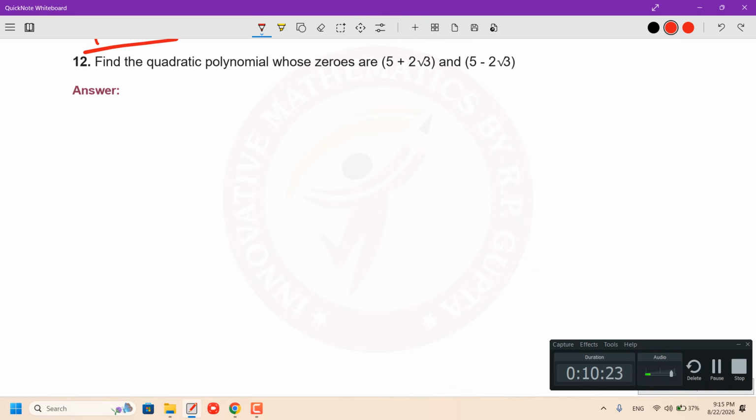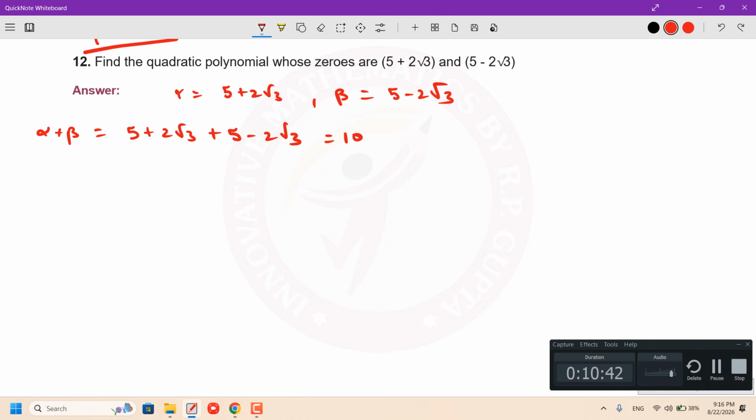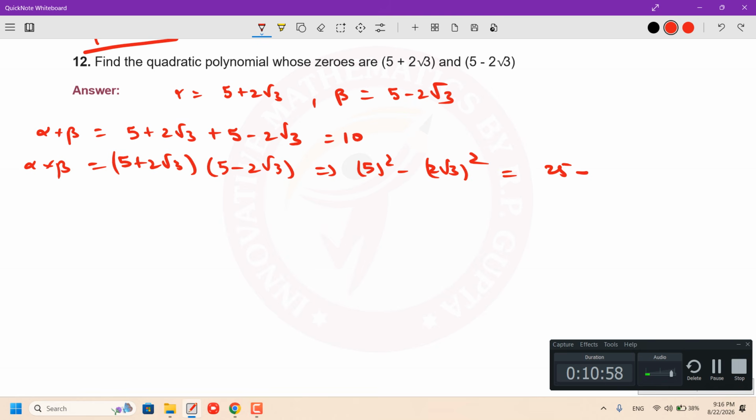The quadratic polynomial whose zeros are this. So alpha is equal to 5 plus 2 root 3 and beta is equal to 5 minus 2 root 3. So sum of zeros equals 5 plus 2 root 3 plus 5 minus 2 root 3, which equals 10. And product of zeros, that is 5 plus 2 root 3 into 5 minus 2 root 3, is 5 square minus (2 root 3) square, which is 25 minus 12, equal to 13.